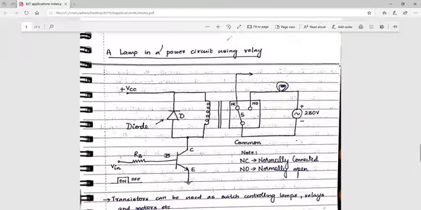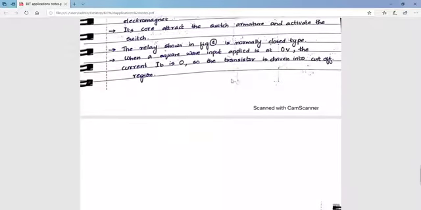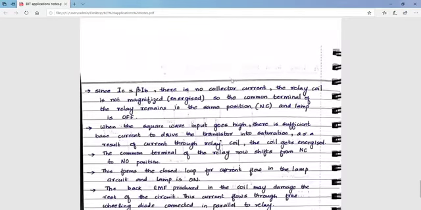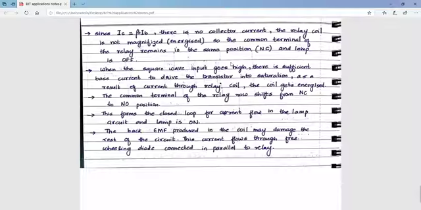So here, when we go further, let us see the last two points. When the square wave input goes high, there is sufficient base current to drive the transistor to saturation.